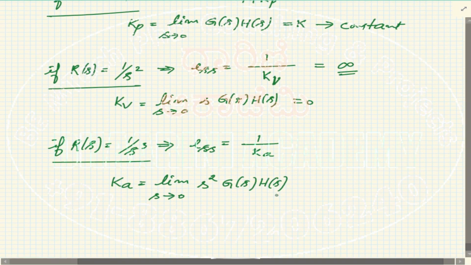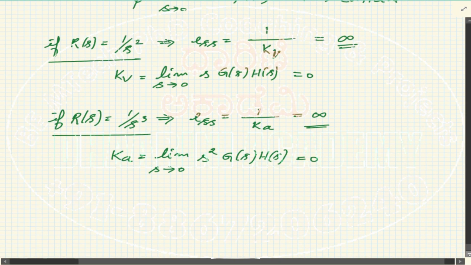So when Ka becomes equal to 0, 1 by Ka becomes infinity. The error when the input is a parabola, that is, a parabolic input is given to a type 0 system, Ka becomes 0.